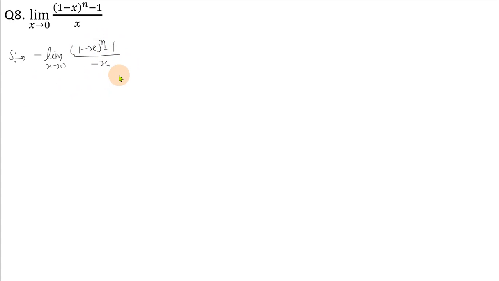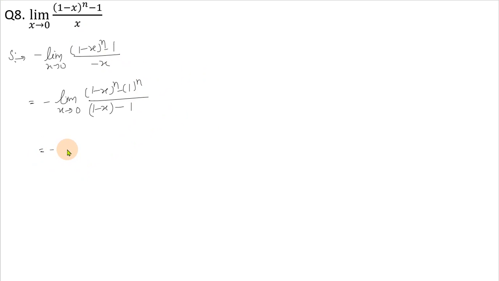Okay, in the next step, negative sign with limit x approaches to 0, this is 1 minus x whole power n minus 1 upon, here I am going to add and subtract 1 so that it reduces into the standard form. Now see, this is, say this is x minus a, again we have x minus a, we can write it as minus 1 power n. So x power n minus a power n, it is of the same form.